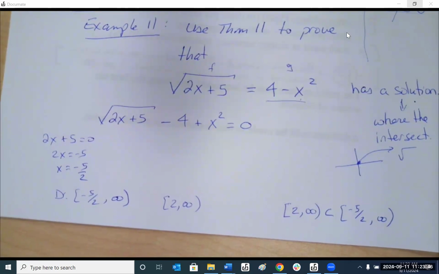How's that going to help us? It helps us to look at what domain we're going to deal with. So is there going to be a 0? If so, where would it be?